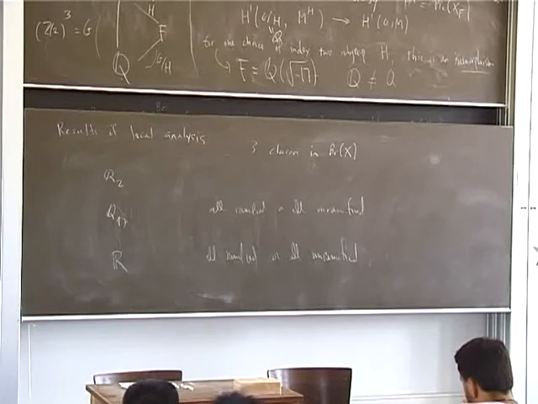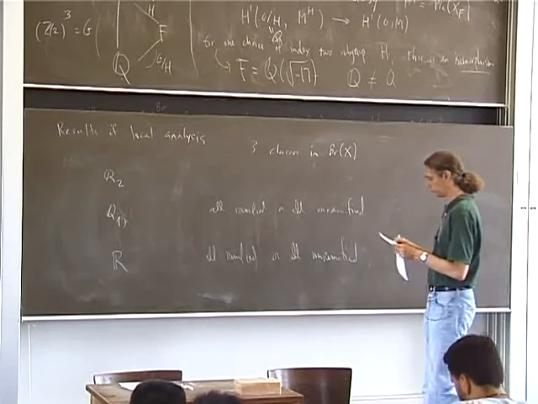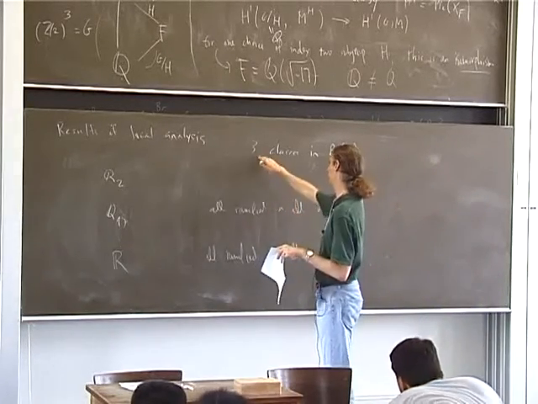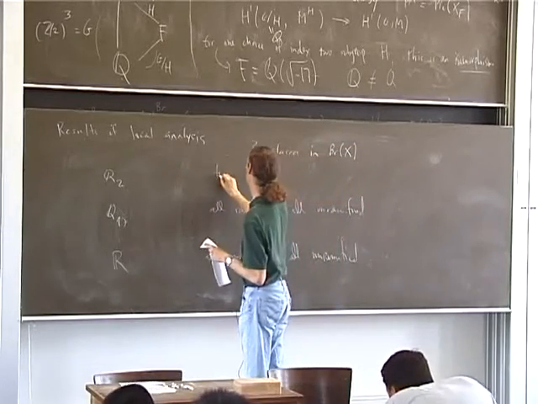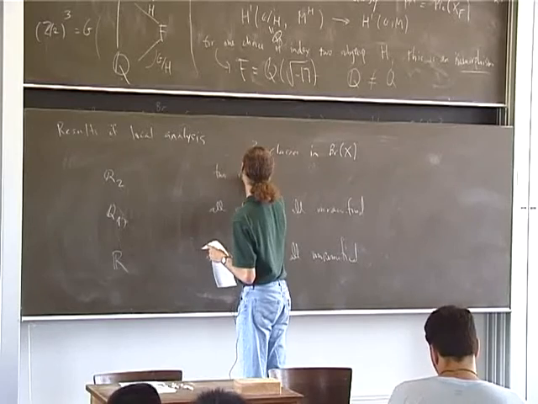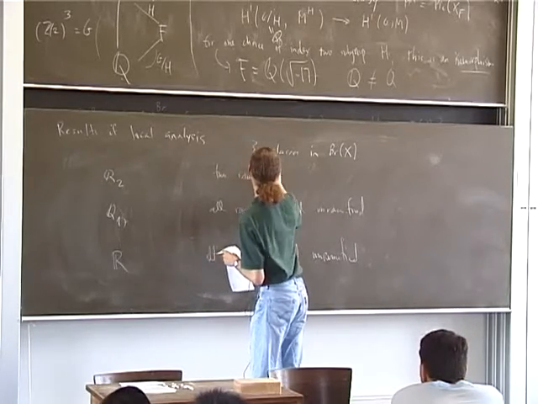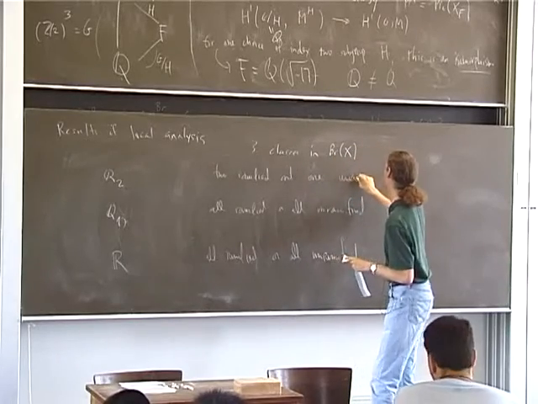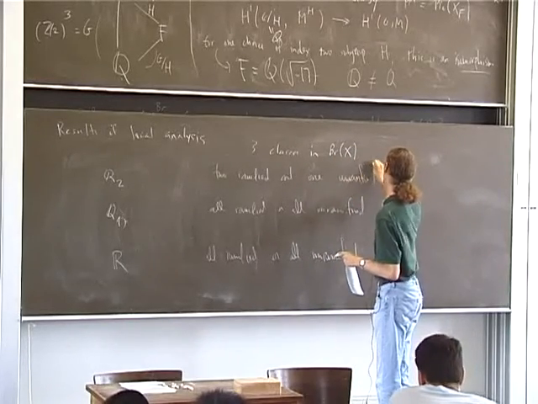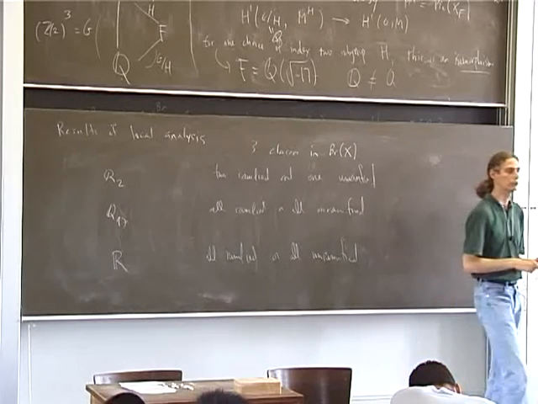At Q2 points, it always splits up. So of the three classes, at every two-adic point, two of them are ramified. And one is unramified, always.